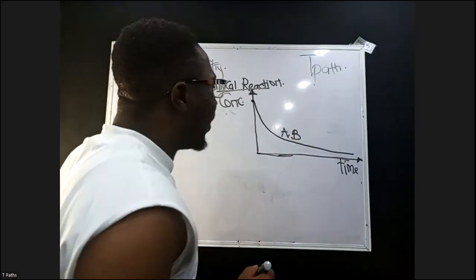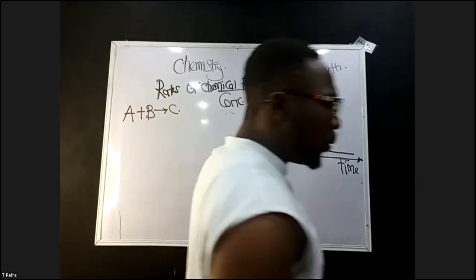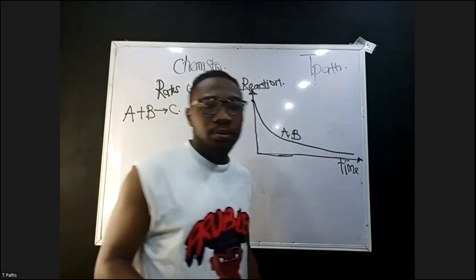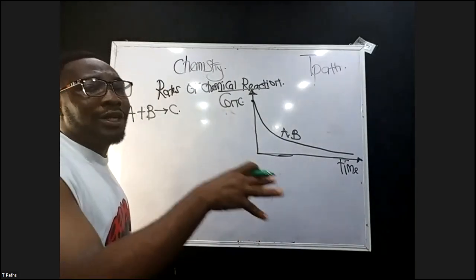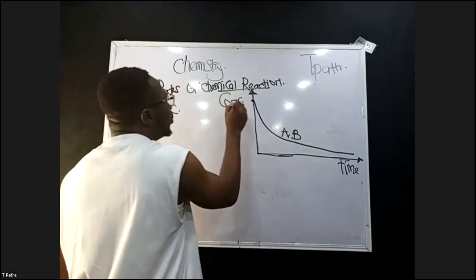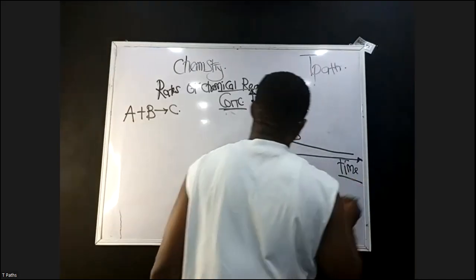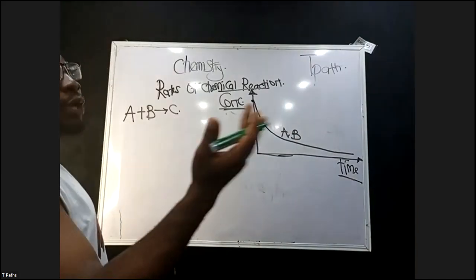Why do we have it? Because we observe that the reactant gets used up. The reactant gets consumed. The reactant gets depleted in the course of the chemical reaction. And noting that, you observe that the concentration will change with respect to time. If the reactant decreases with time, what will happen to the product?